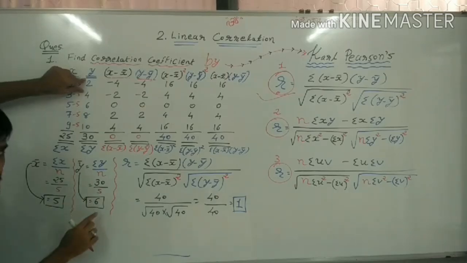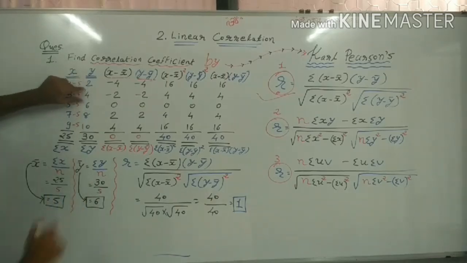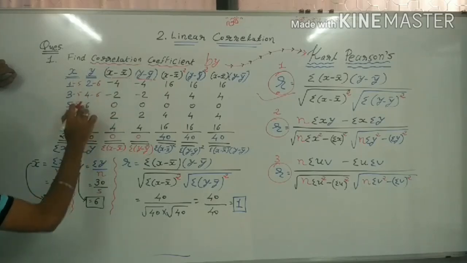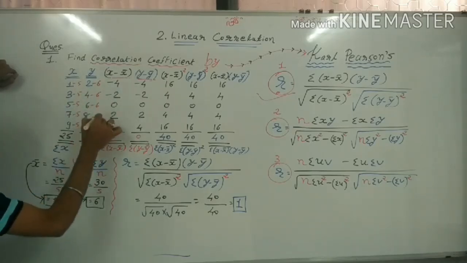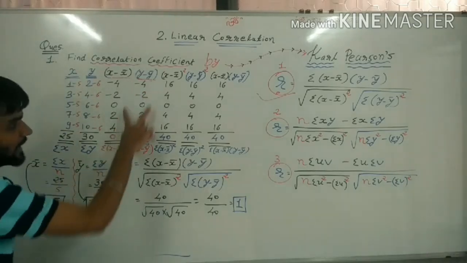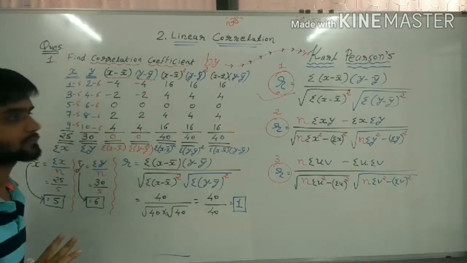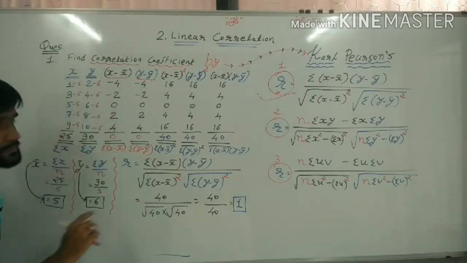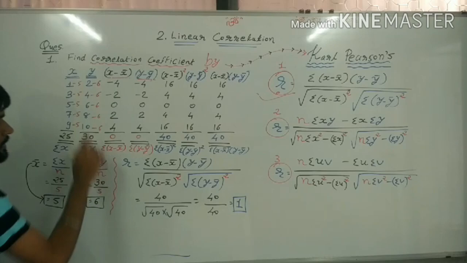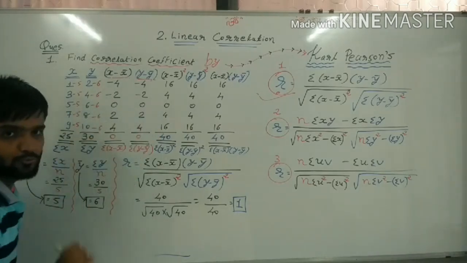So 2 minus 6, minus 4. 4 minus 6, minus 2. 6 minus 6, 0. From all the values of y, we are deducting y bar, so we get y minus y bar.